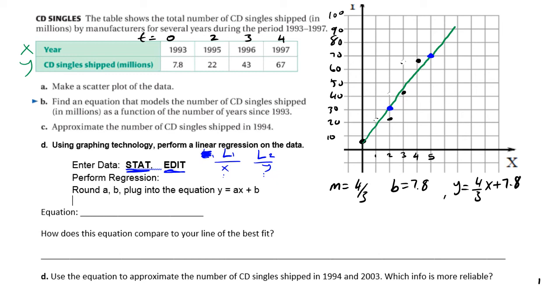And we're going to hit stat again. This time, instead of clicking edit, we will move to the next bar and hit calculate. At this point, under calculate, you should be able to see linear regression, and we will hit linear regression and hit until you get an A value and B value.